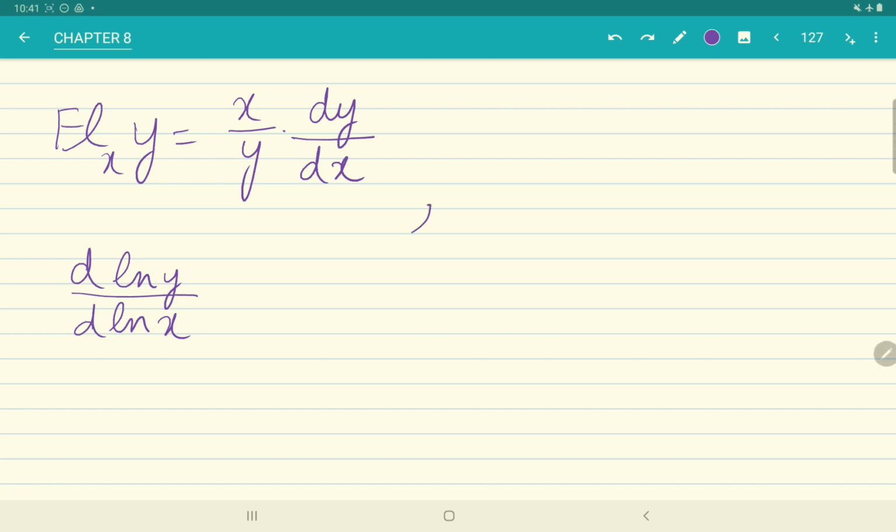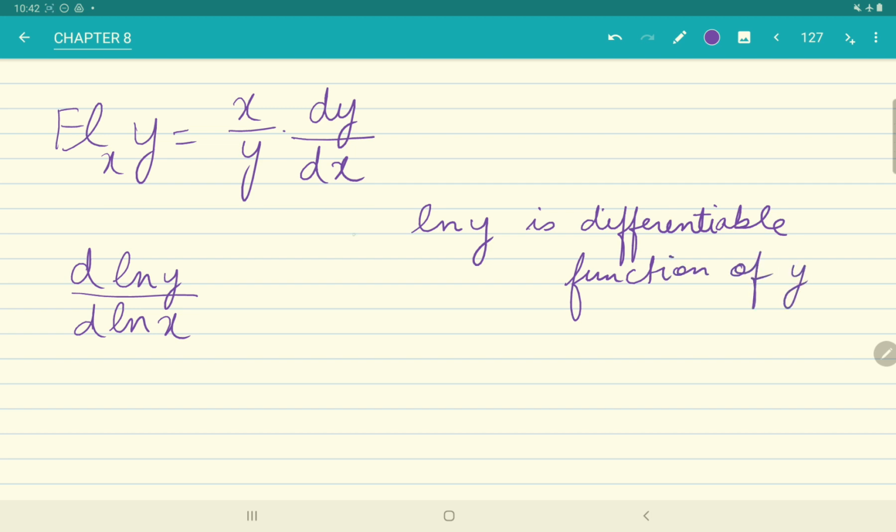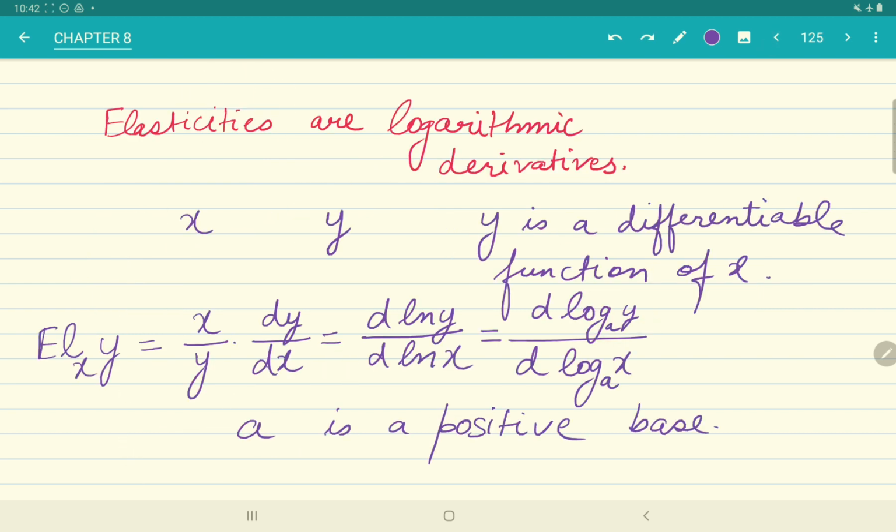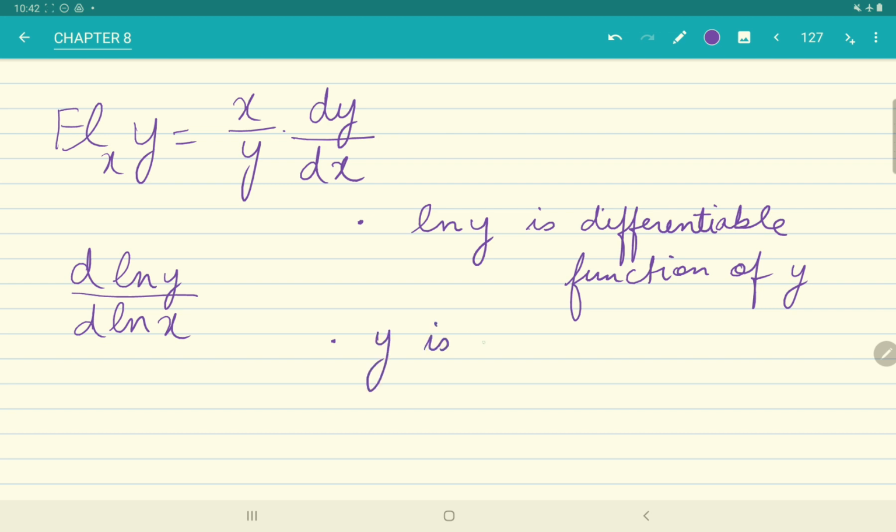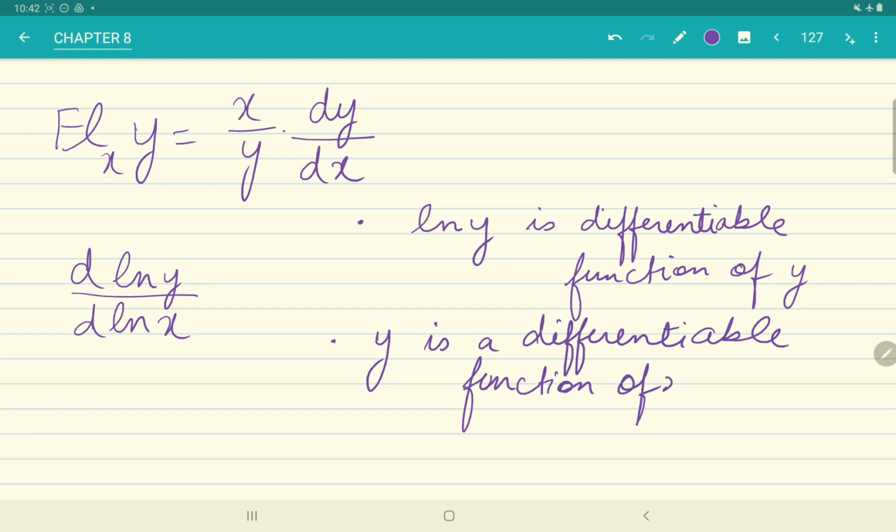Precisely because if I think of ln y, I know that ln y is a differentiable function of y. That's one. And we know that y is surely assumed to be a differentiable function of x. Y is a differentiable function of x.